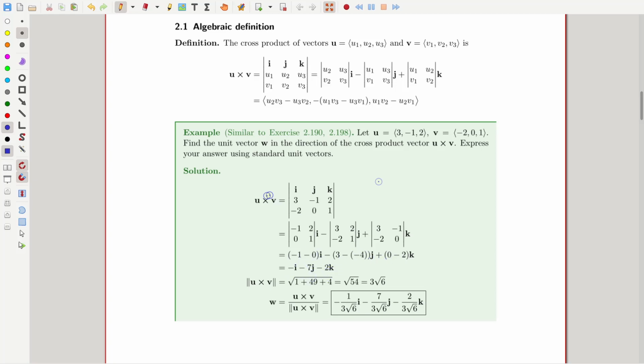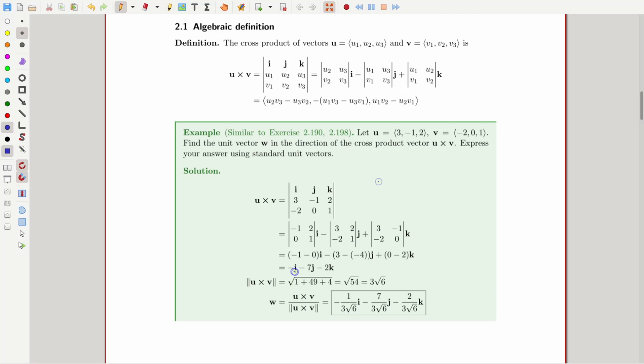So this is the cross product. But the problem is asking us to find the unit vector in the direction of the cross product, which means that we need to normalize this vector. The process of normalizing is we find the magnitude of the vector and then we divide by it, which is why I compute the magnitude here. As you will recall, the magnitude of a vector is given by the distance formula.